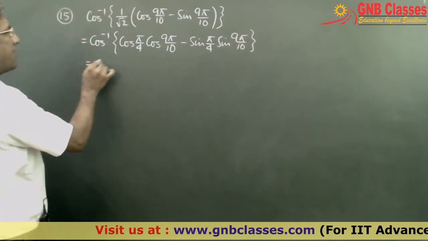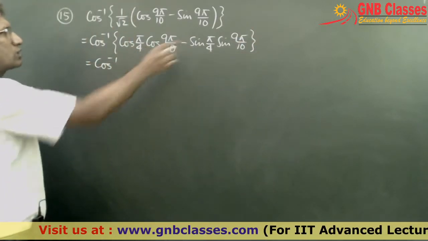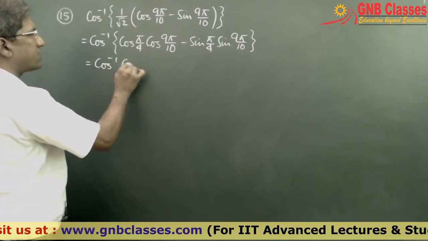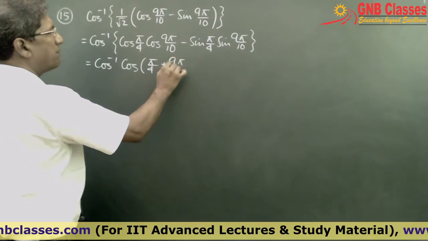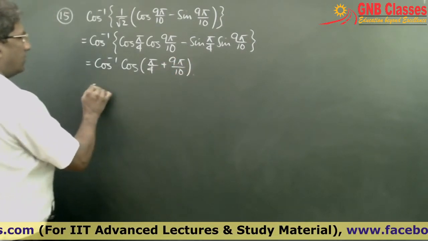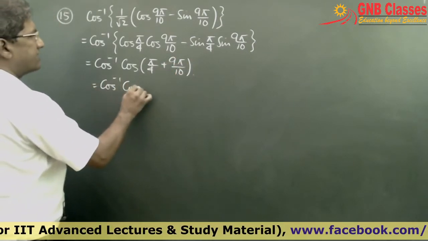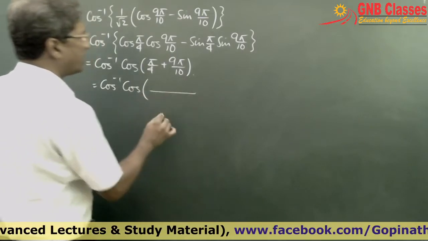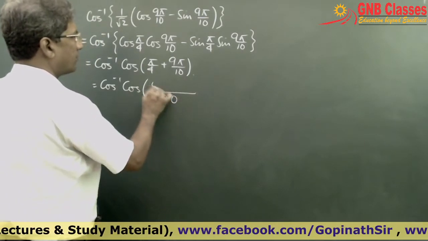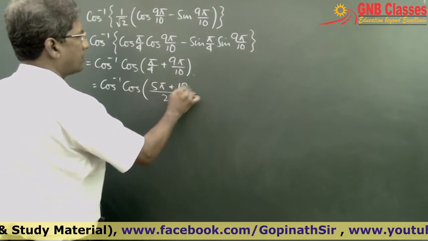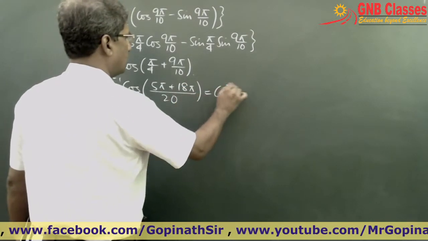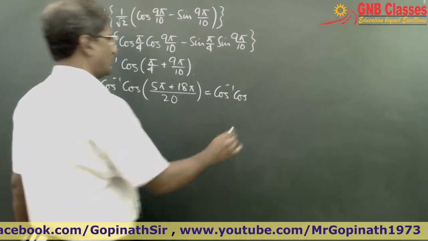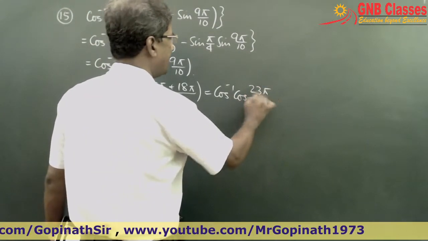So we are getting here cos A cos B minus sin A sin B gives you cos A plus B. So pi by 4 plus 9 pi by 10. So if I take the LCM and simplify, we are going to get cos inverse cos 23 pi by 20.